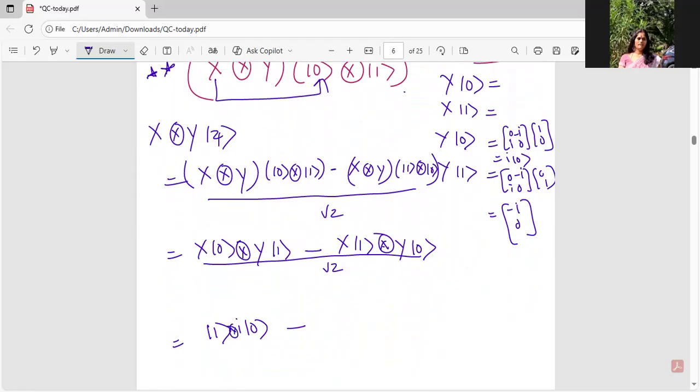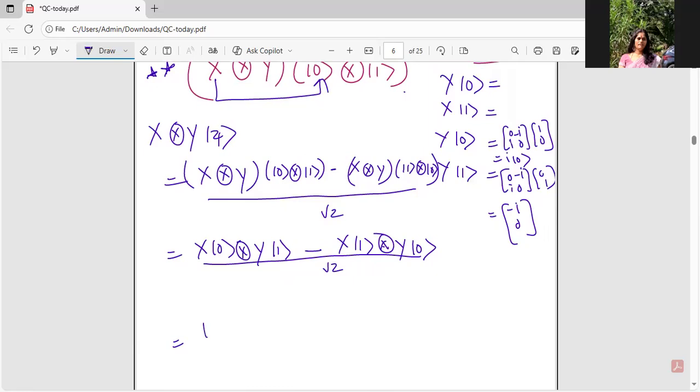Of course, if I write them together also, it represents the tensor product. I wasted a bit of time searching for some other question. This is the bit flip, so this is ket 1, and I get ket 0. Understood, obviously, right?